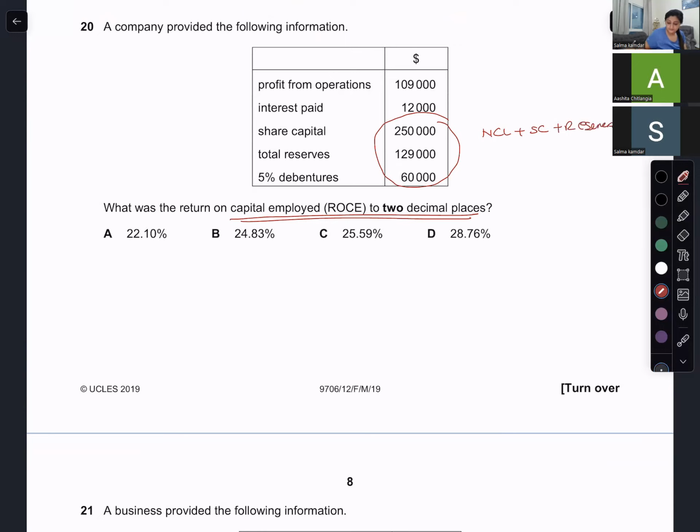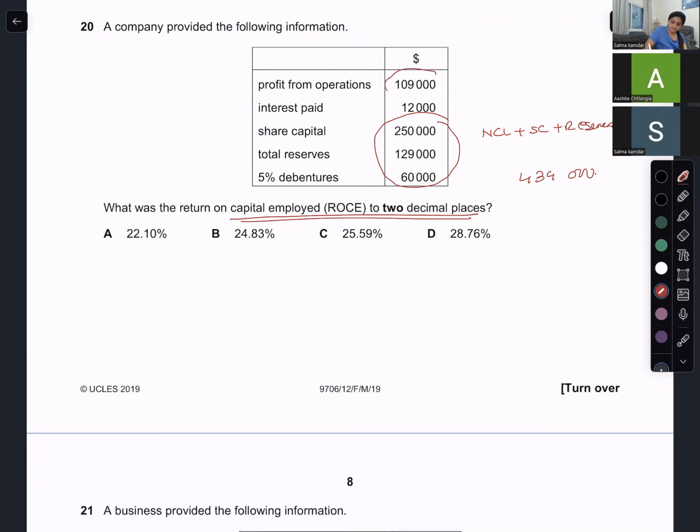I'll add and I'll say how much. It's 439,000. Okay, and the formula is profit from operations upon capital employed into 100.